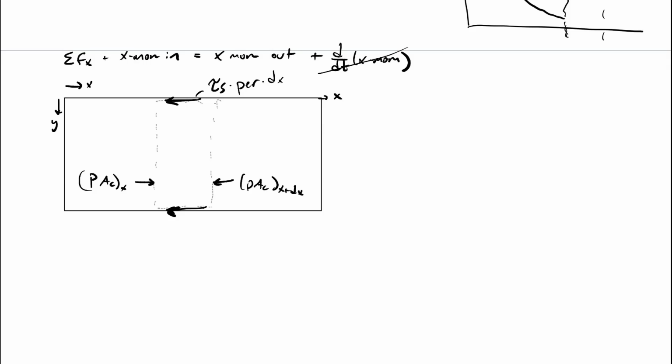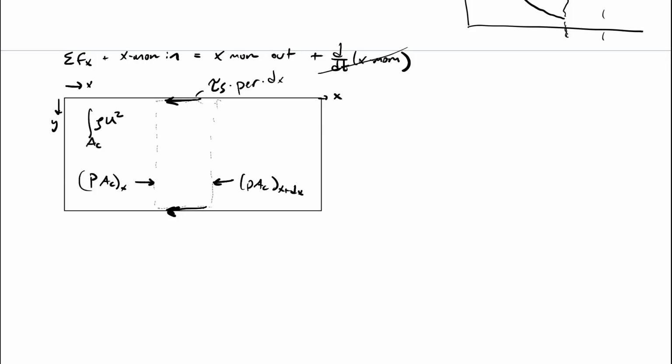We have x momentum in and x momentum out. So the momentum in is going to be the mass flow times the velocity. That's rho u, and times u again, it becomes rho u squared. And then we're taking the integral of this, because you have a velocity profile u that's a function of y, or a function of position in the duct. We have to take the integral of this over all area.